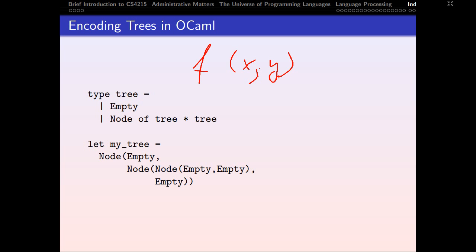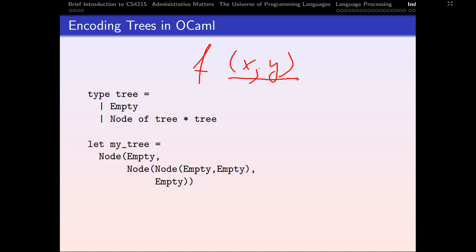How many arguments does this function have? One. Very good, right? Everybody agrees with that? What's the type of that argument? A tuple. Very good, right? So it's a function of a single argument, which argument happens to be a tuple. All right? It's not a function of two arguments.